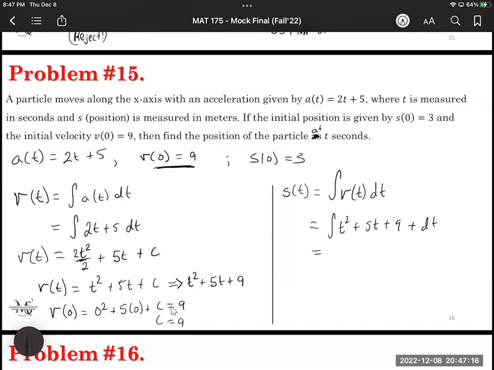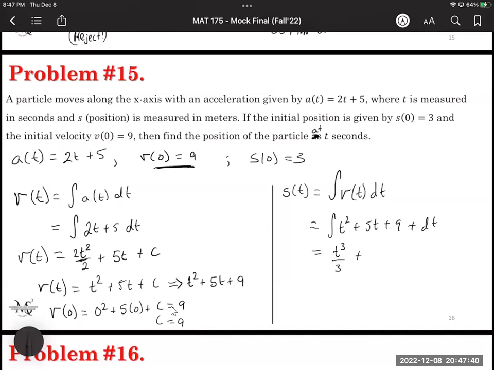And we integrate once again. What is now the antiderivative of t squared? That would be t cubed over 3 by the power rule for integration. Right? You add 1 to the exponent and divide by that sum.